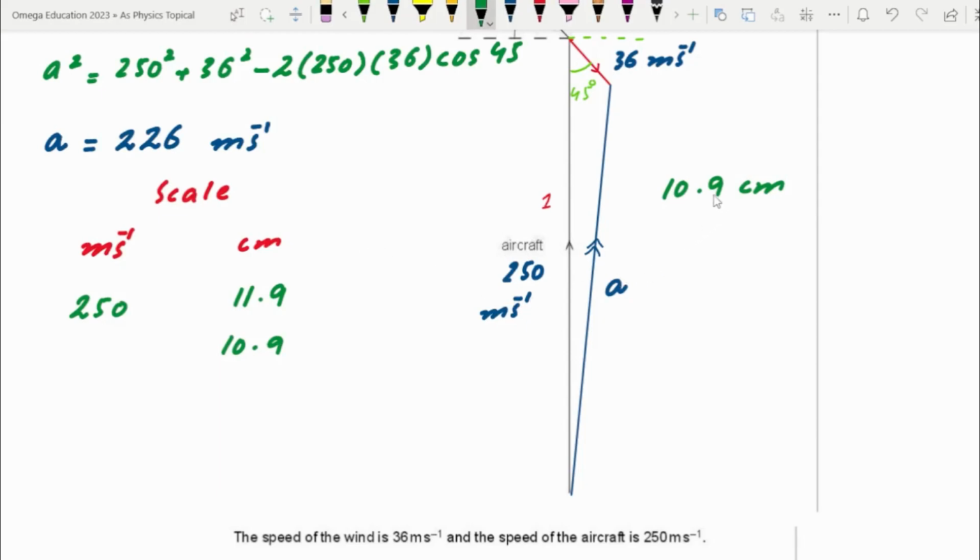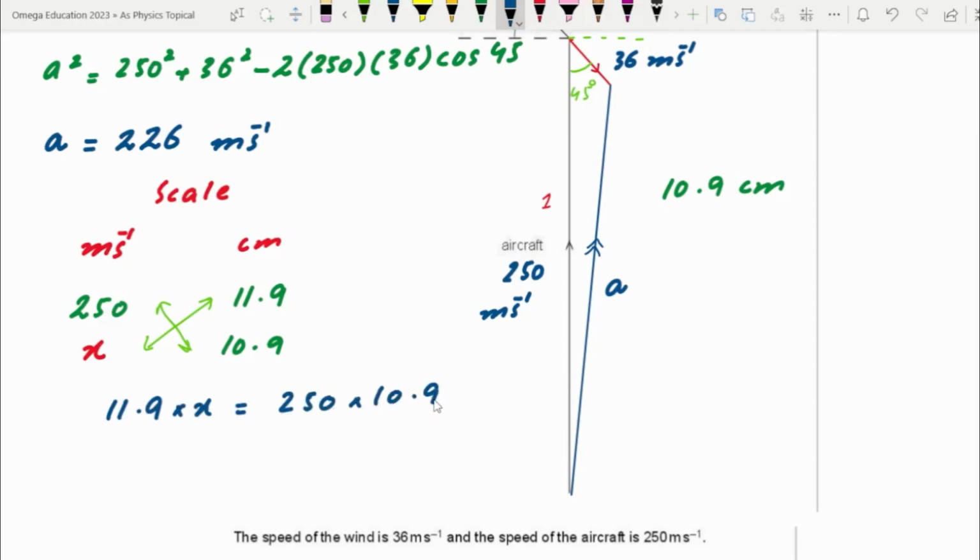So the resultant vector is 10.9 centimeters. And how many meter per second would that be? We don't know. Then you can cross multiply. So what we have is 11.9 times x equals 250 times 10.9.